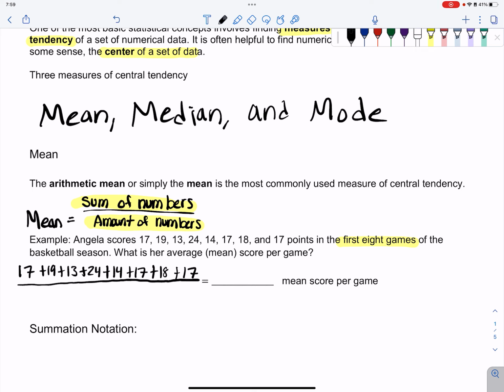Well, this was for her first 8 games, and we have 8 values here. So now we can add this up, and you should get 139 for that numerator. And we're then going to divide that by 8. And when we do that, we should get 17.375 for her mean score per game.